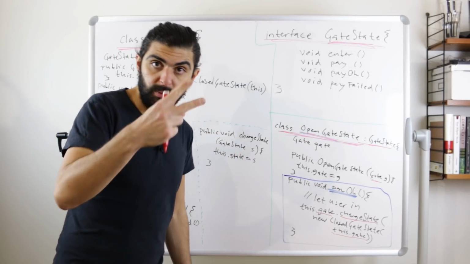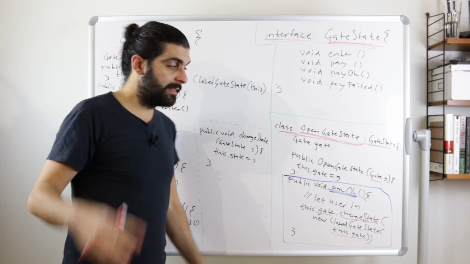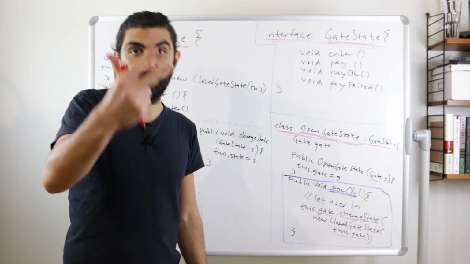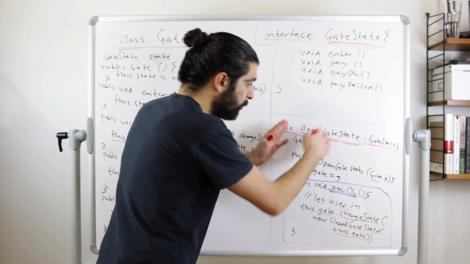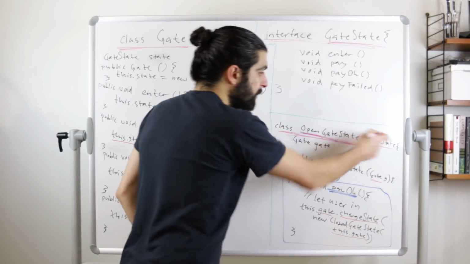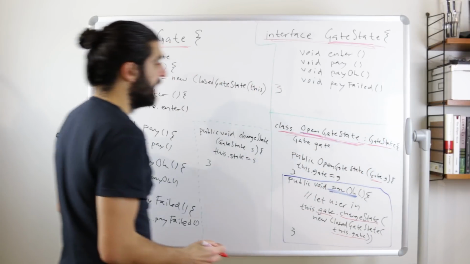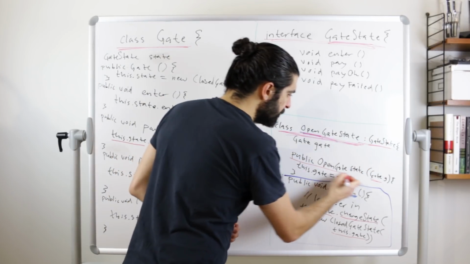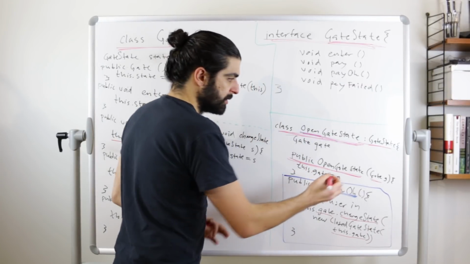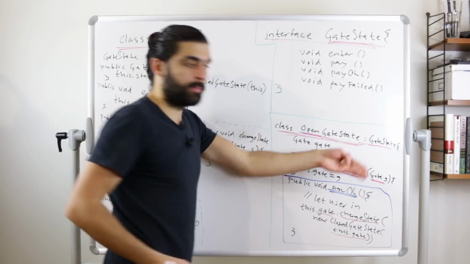You remember we had 2 in the beginning and 3 in the end. Open, closed, and then open, closed, and processing. And here we just have one example, which is the open gate state. And this again implements the interface gate state. And whenever we produce a gate state, we run this constructor. There is only one constructor, and this constructor accepts a gate.